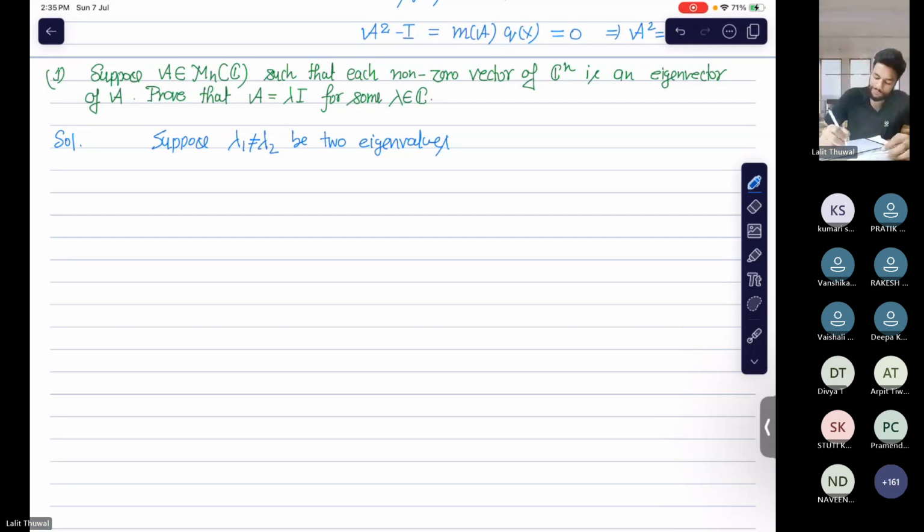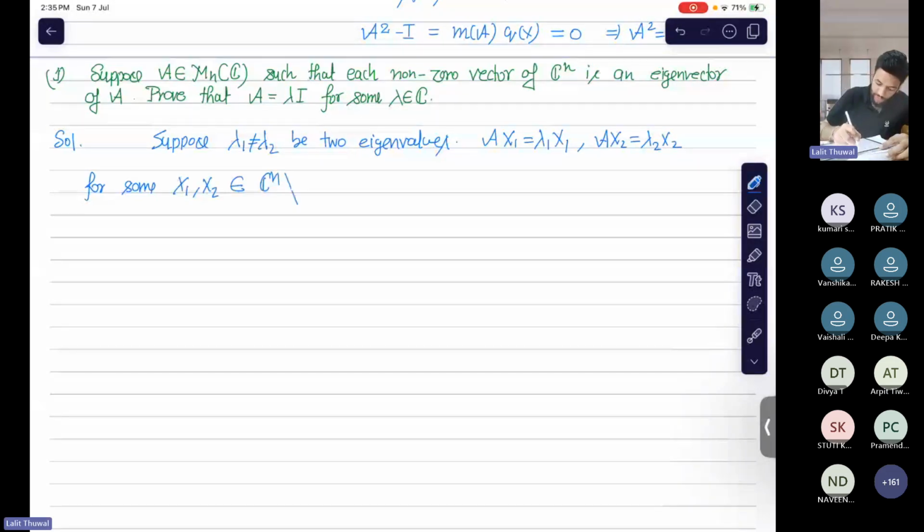So then Ax1 equals lambda 1 x1 and Ax2 equals lambda 2 x2 for some x1, x2 belonging to C^n, but they must not be 0. Say x1 and x2 are eigenvectors. So as it is given that every vector is an eigenvector, x1 plus x2 must be an eigenvector, right?